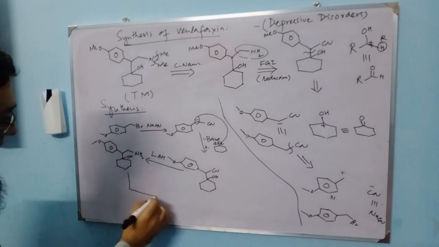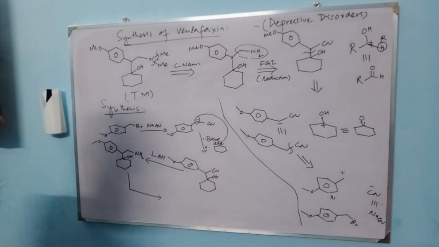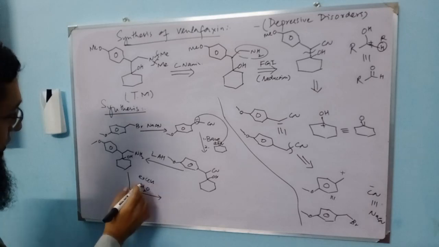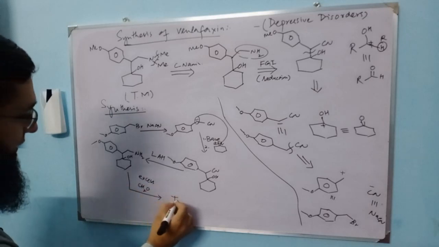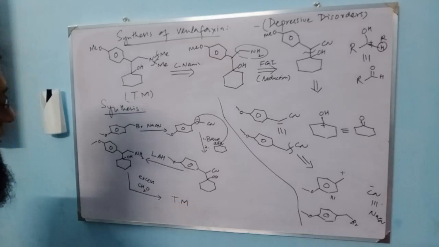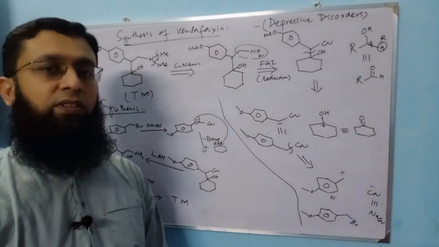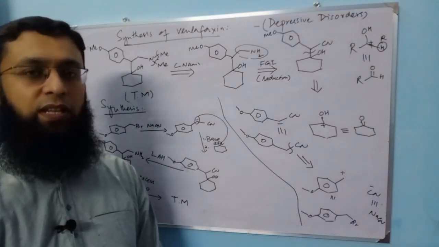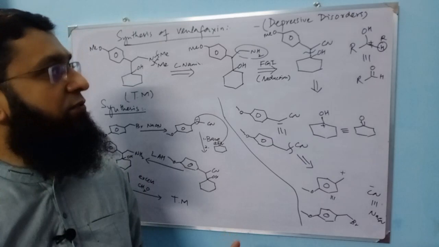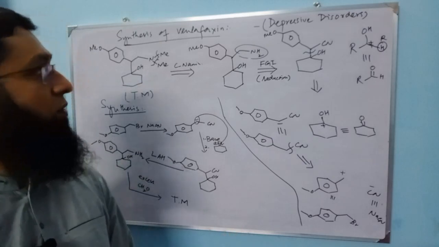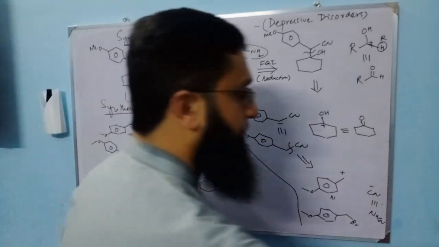And in the last step we can convert it into the target molecule using excess of formaldehyde, and we get the target molecule. So this was about 1,3 disconnections with various examples, and in this lecture we have studied various pharmaceutically important applications of this reaction, and now we see further.